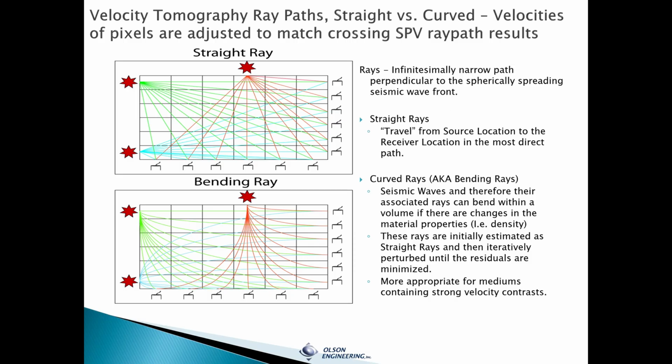The curved rays are generally used for materials with strong velocity contrasts, and as the marble is natural stone, we tried both of these just to see if there was much of a difference. And we really found that the results were negligible there.